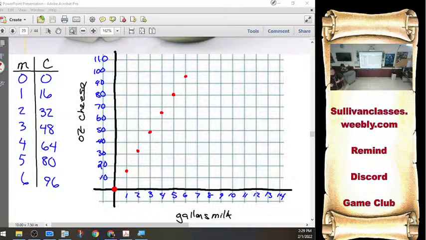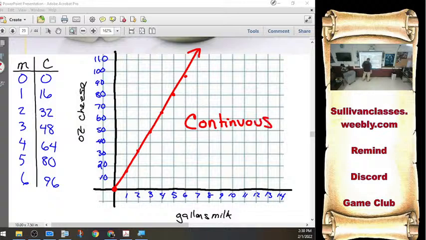He can do anywhere in between, right? It's just however much milk he's pouring in. So this graph would be continuous. And I'll connect the dots to say that. Continuous because I can just keep pouring in a little bit, a little bit, a little bit. Okay?